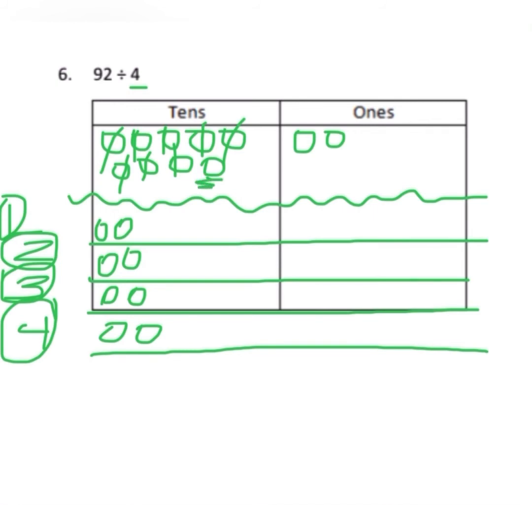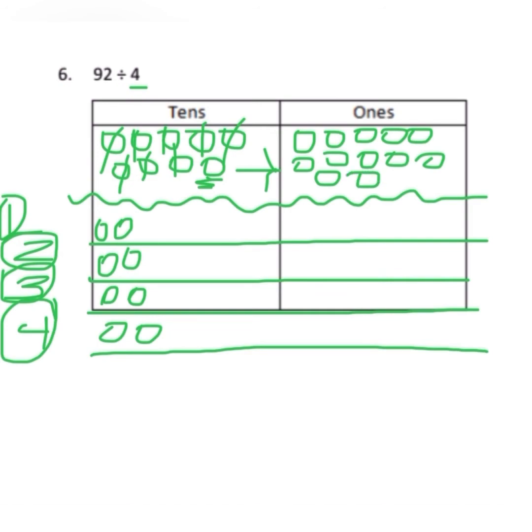I need to decompose that 10 into 10 ones. So I'll draw my arrow, and now I need to bring over 10 discs. 1, 2, 3, 4, 5, 6, 7, 8, 9, 10.